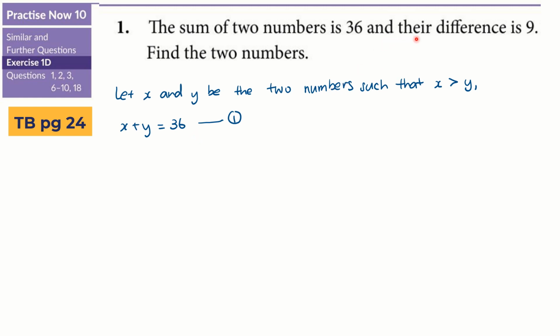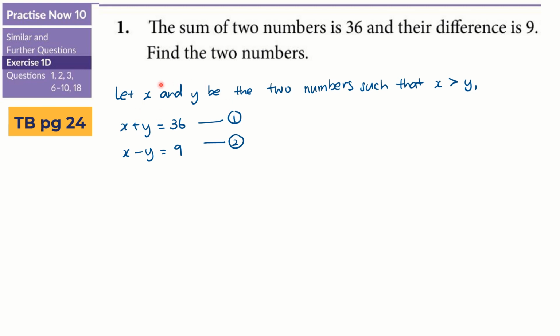Then the second piece of information in the sentence says that the difference is 9. Since I've already defined x to be greater than y, the difference will be x minus y, and that should equal 9. And that will give us our second equation.